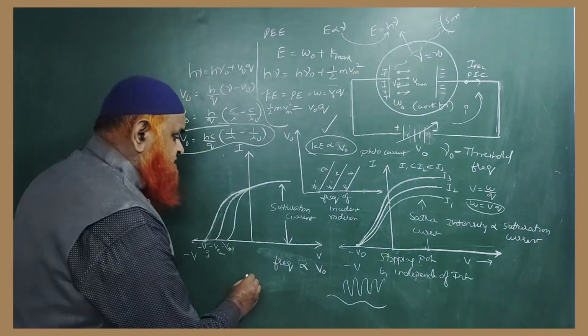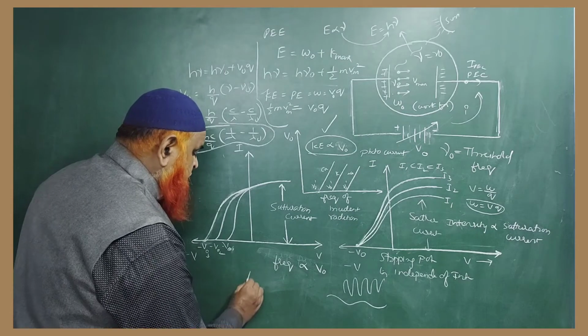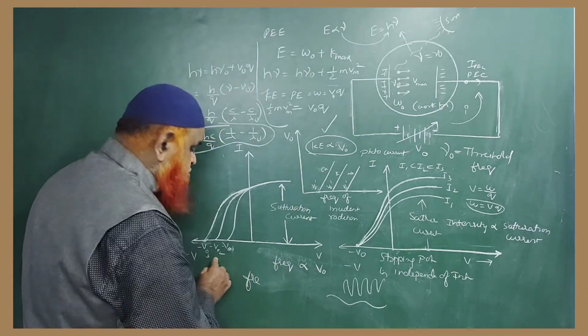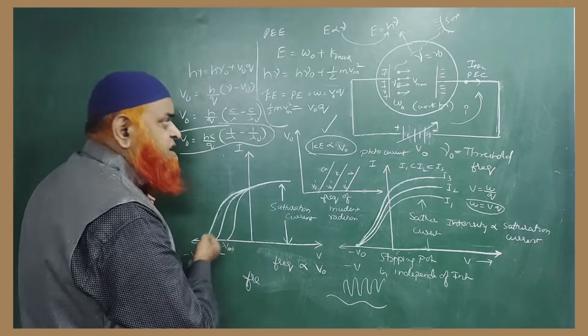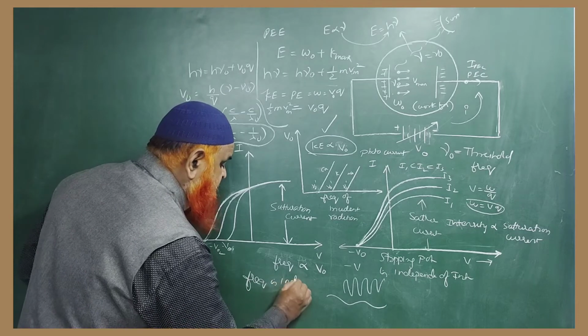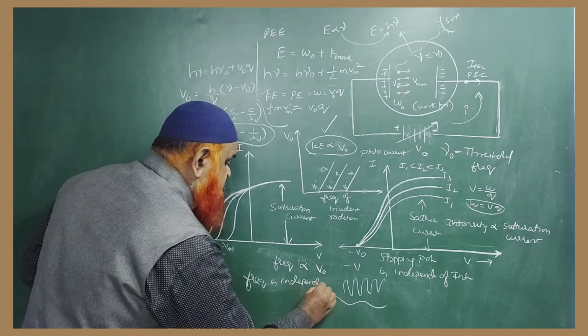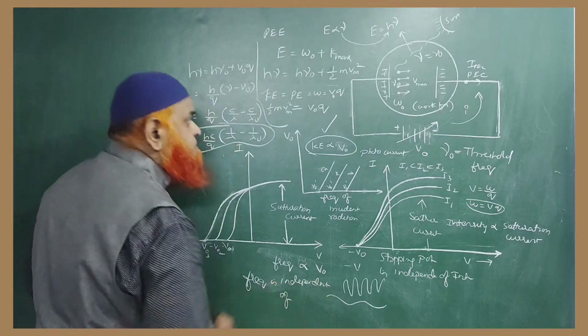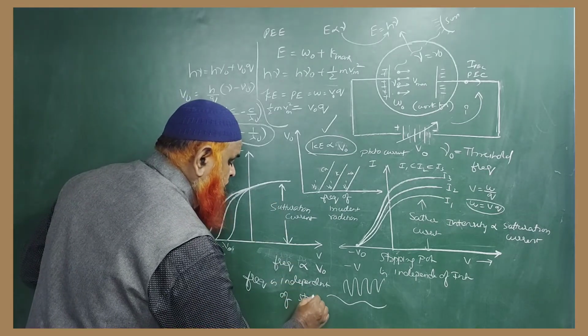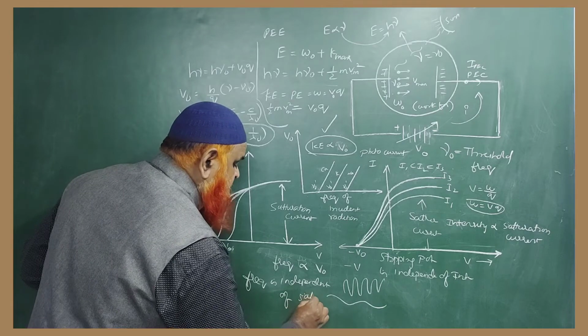So with this, we get a sentence that frequency is directly proportional to stopping potential, but frequency is independent of saturation current. Okay, so we are getting saturation current here.